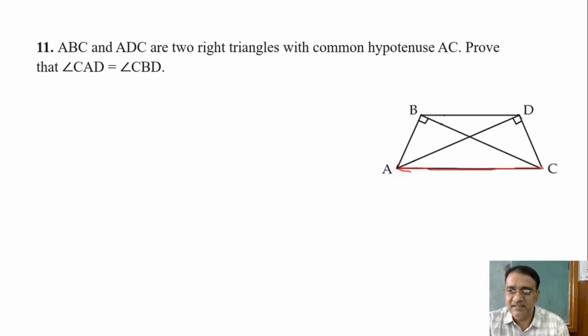See, AC is the hypotenuse, and ABC has one right angle at B, and another one is ADC. And what we have to show is that this angle CAD is equal to this angle.